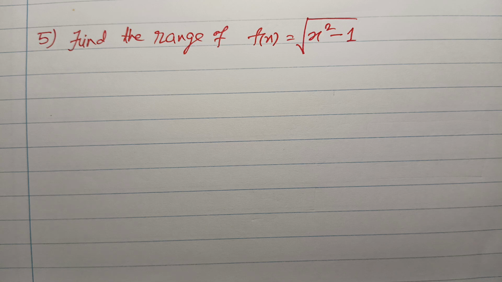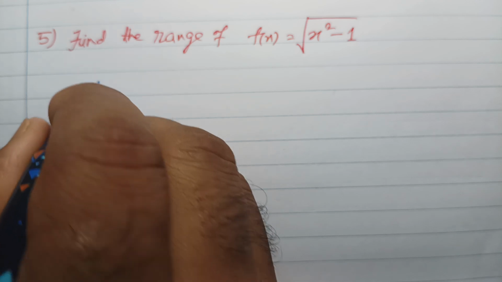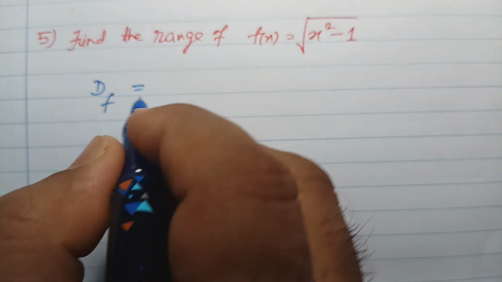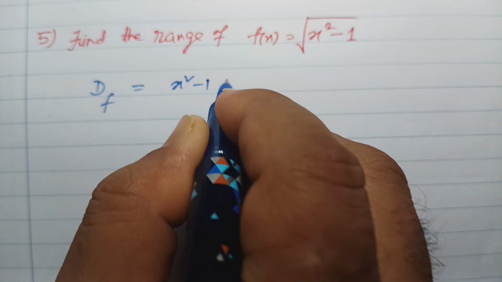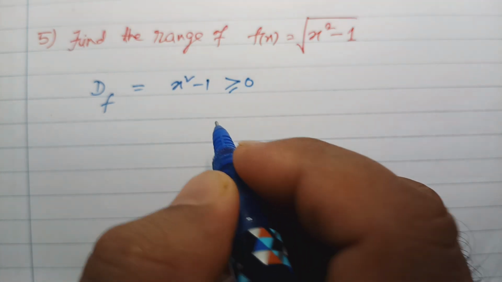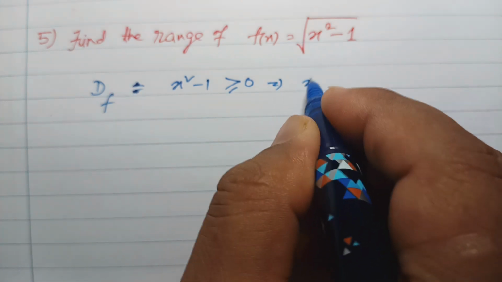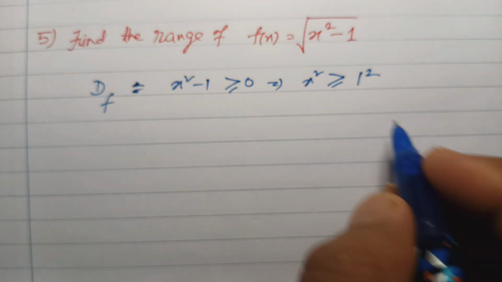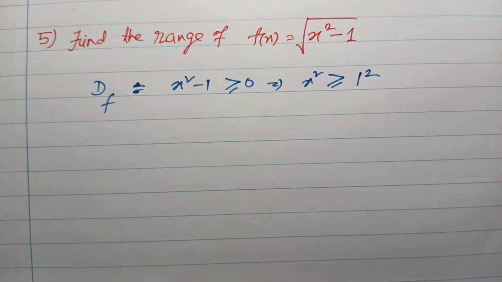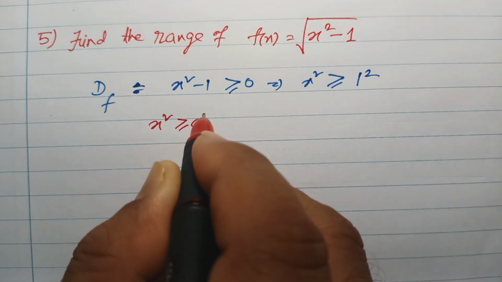Next question, find the range of f(x) equal to square root of x square minus 1. So domain के लिए, this x square minus 1 has to be greater than or equal to 0. Okay, we are trying to find the domain. So this will give us x square is greater than or equal to 1 square, and here we will take the help of an inequality which says x square is greater than or equal to a square.